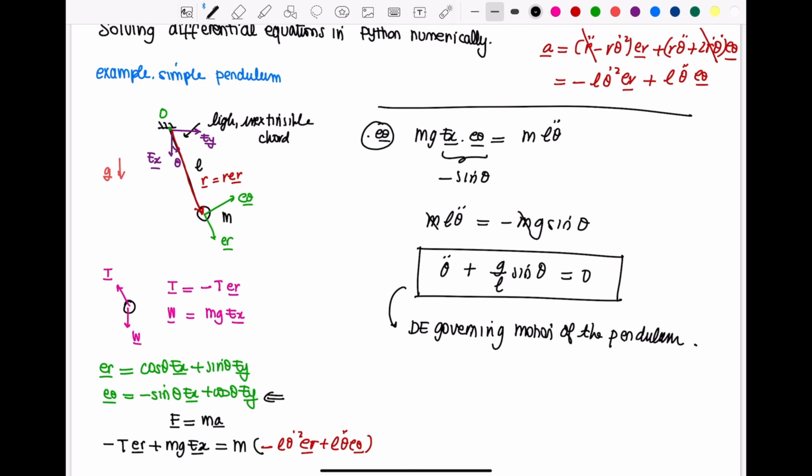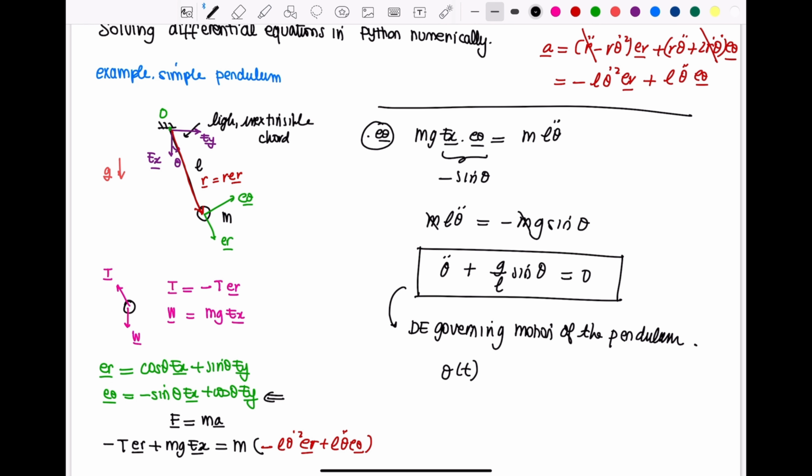Again, this pendulum has 1 degree of freedom, that is the angle theta. So once we figure out theta as a function of time, which is the solution of this differential equation, then basically we know the motion of the pendulum.